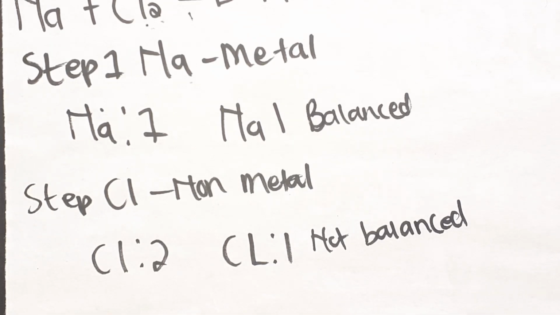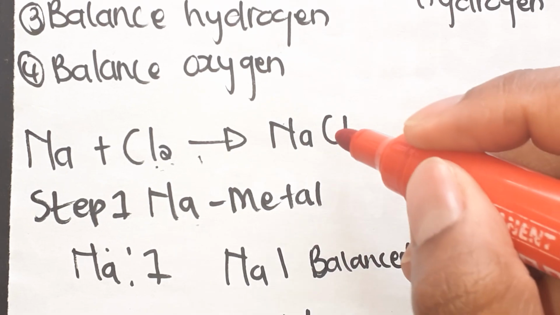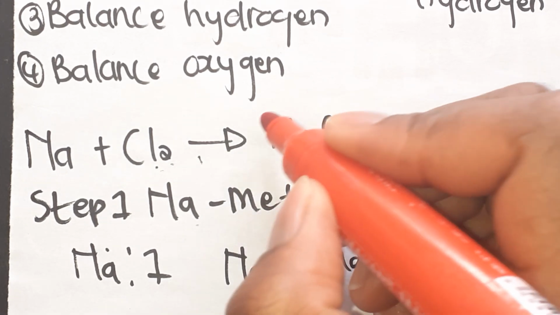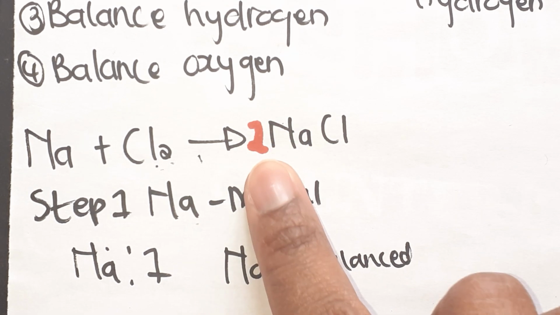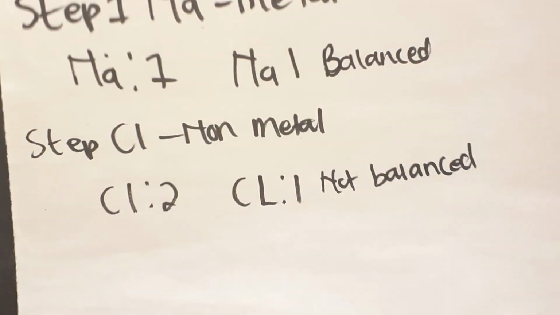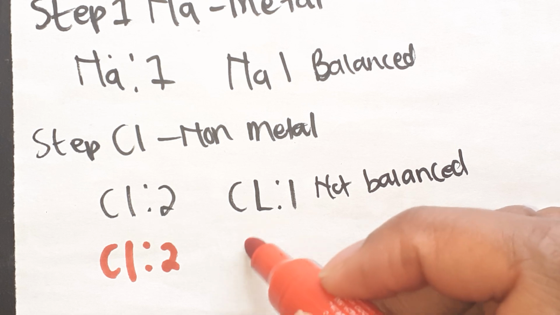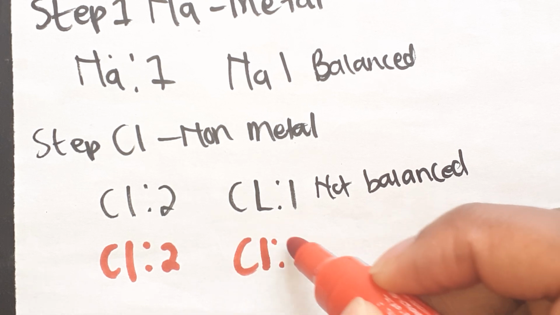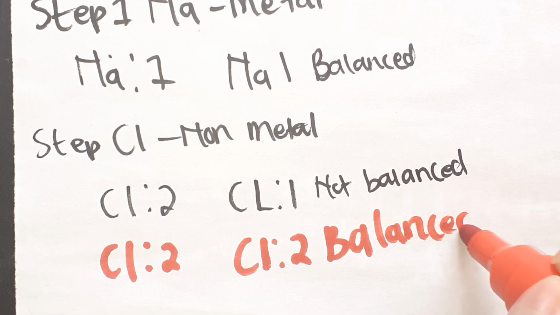So what we are going to do is that we need to have a 2 this side and a 2 that side. So we check our Cl is 1, so we add 2 here. Now this 2 that we've added affects the Na. So let's go back. We had Cl2 and now Cl is 2 again this side. Then that is balanced.